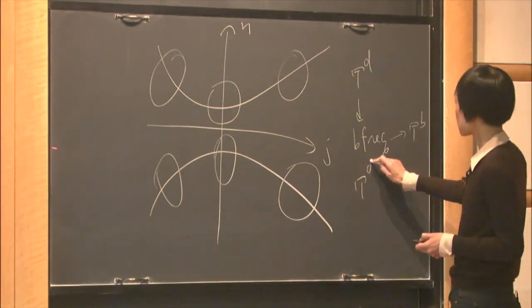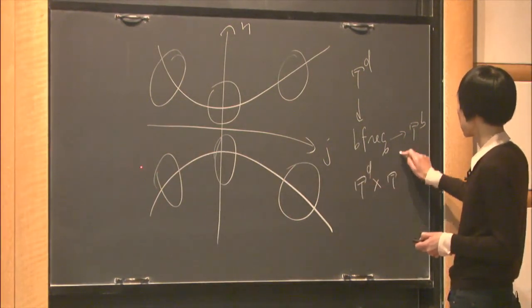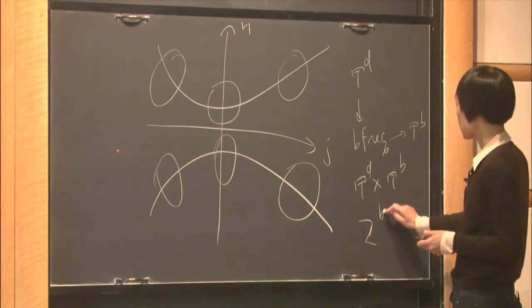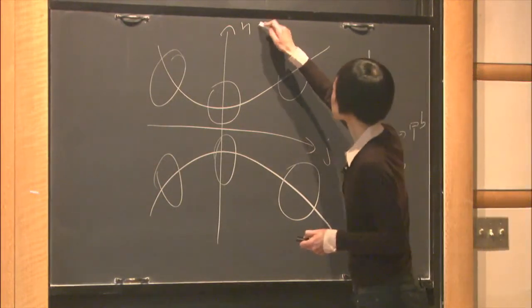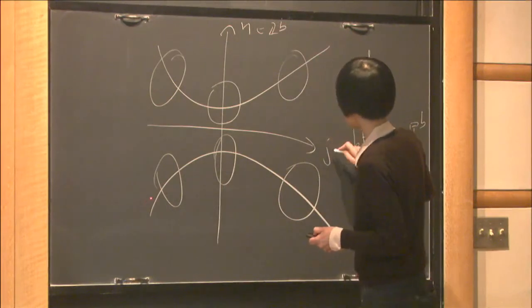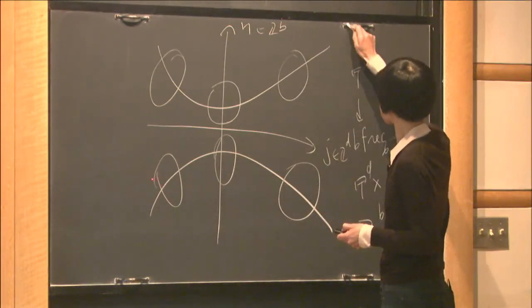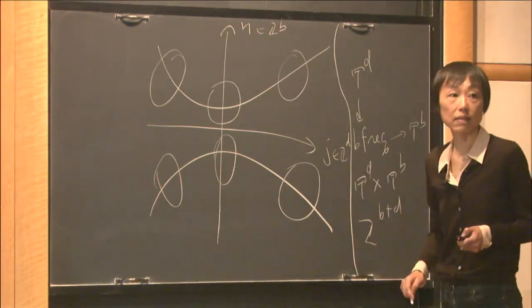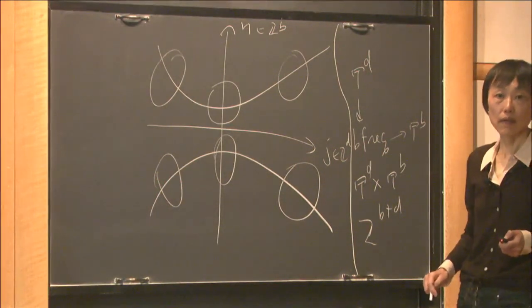So you have lifted this problem to T^d cross T^b. So the lattice will be Z^(b+d), where n belongs to Z^b, and j belongs to Z^d. So this is the space-time lattice.